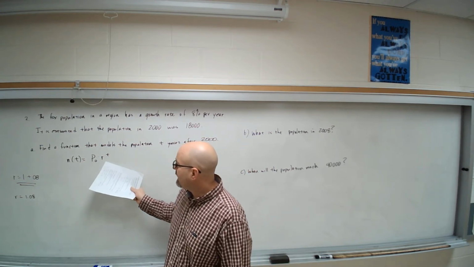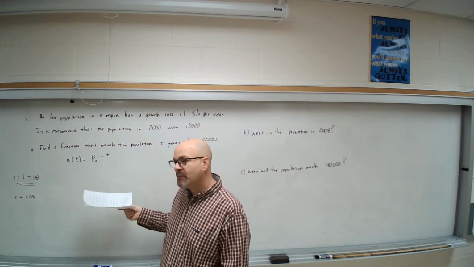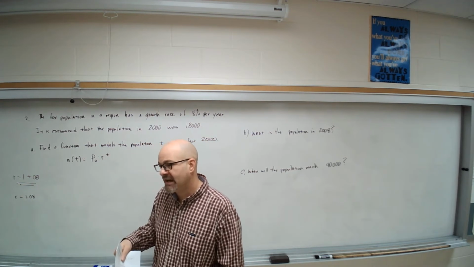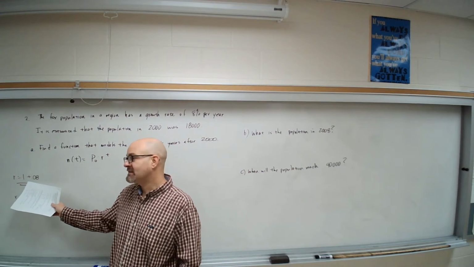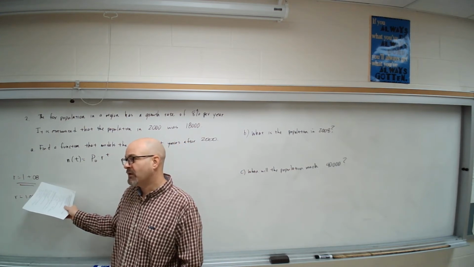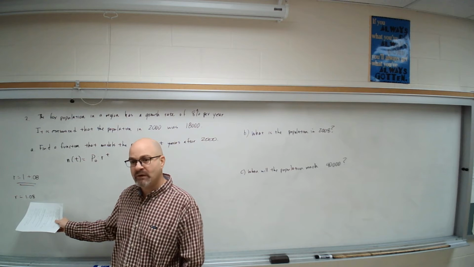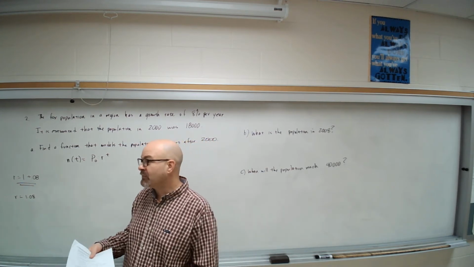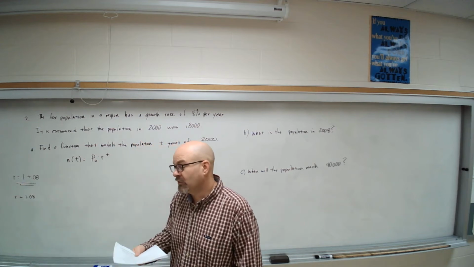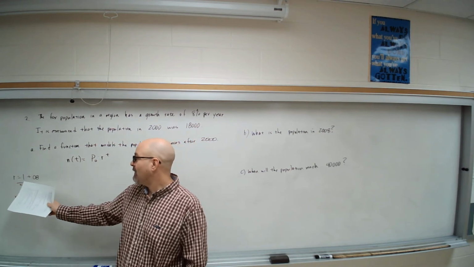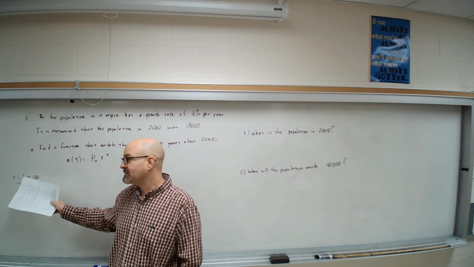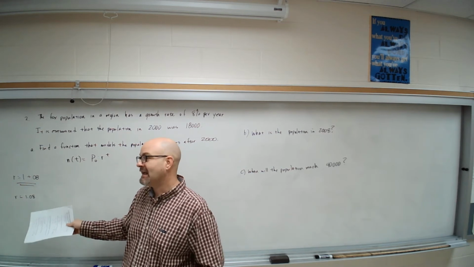But anytime you're trying to find a growth rate, which is what r would be, it's just going to be 1 plus the annual change. So in this case, it's 1 plus 0.08, so the growth rate is 1.08. If you have a loss or a decay rate or a depreciation rate, like maybe you lose 10% a year, you'd say 1 minus 0.1, or 1 minus 0.08, and that would give you a growth rate less than 1.